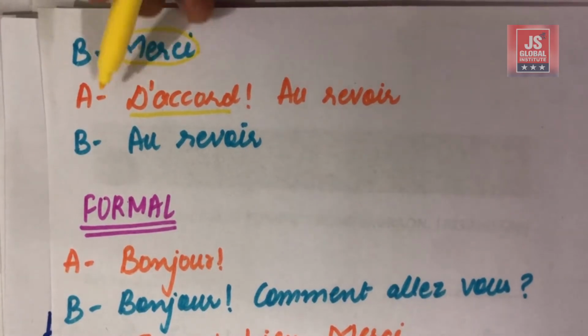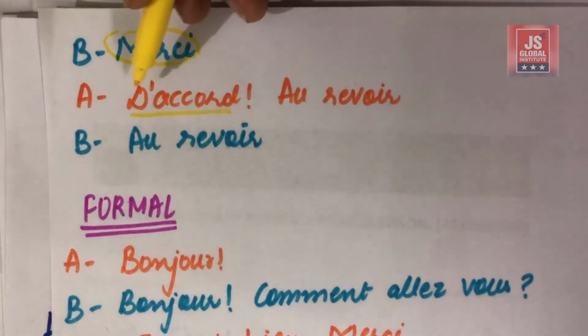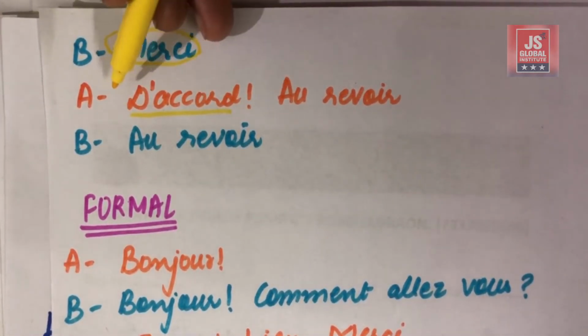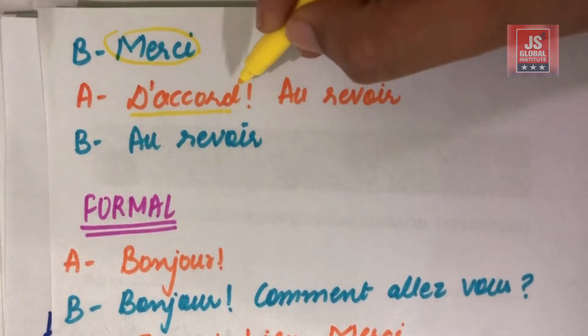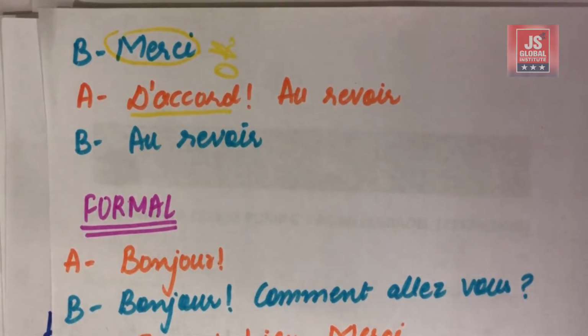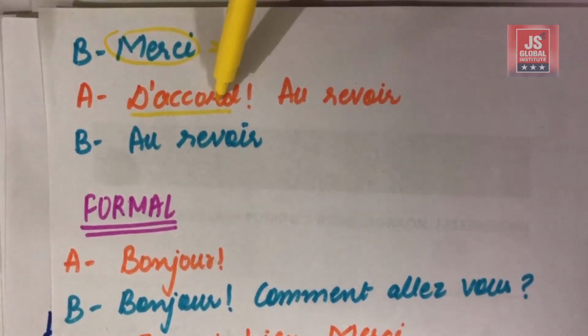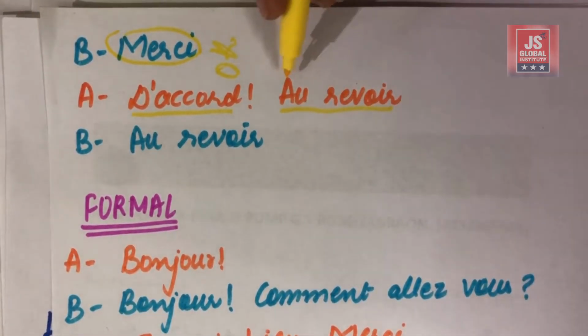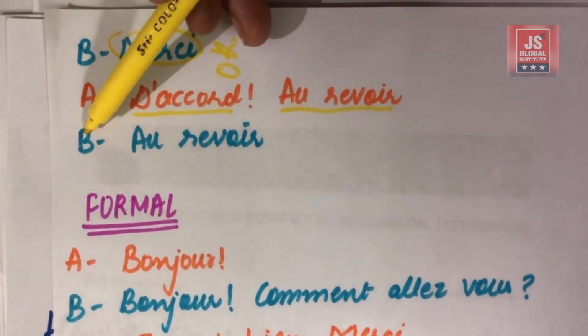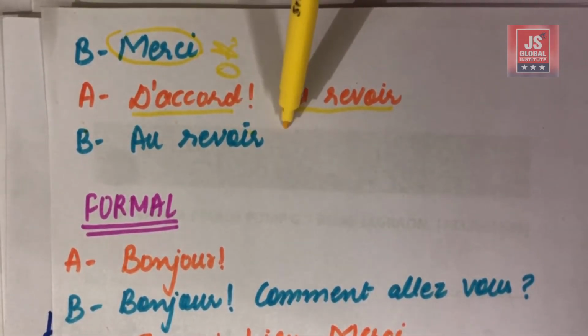This is what I said previously, that instead of okay or alright, I will say d'accord. So d'accord means okay in English. Alright. So you will say d'accord, au revoir. What this au revoir means, we did in salutations, that is goodbye. And then B said au revoir.